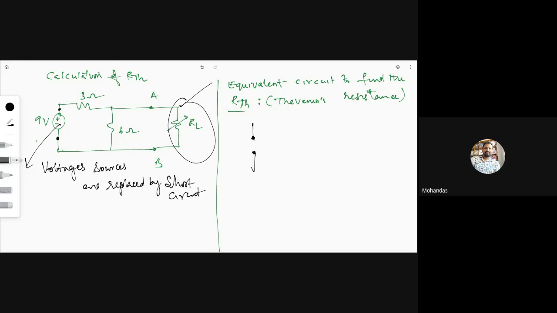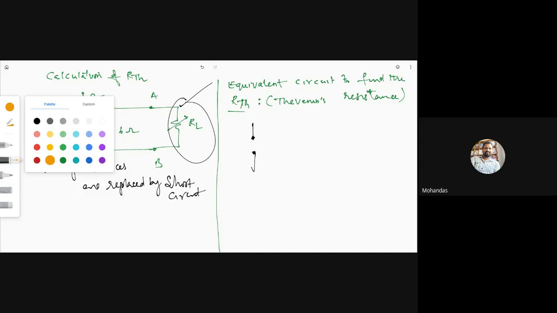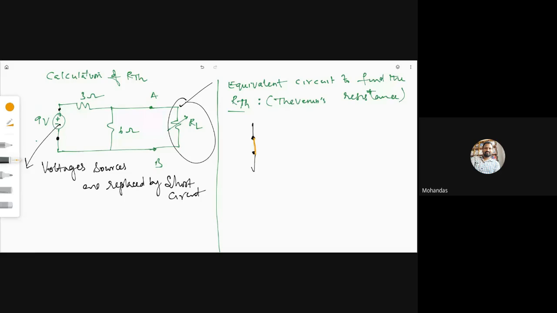Actually, removal of the 9 volts creates an open circuit, then we short that. Short means a wire connection, simply connecting the two terminals, which offers zero resistance, and the 3 ohm and the 6 ohm. Here also you have to remove the load resistance across the AB terminals.